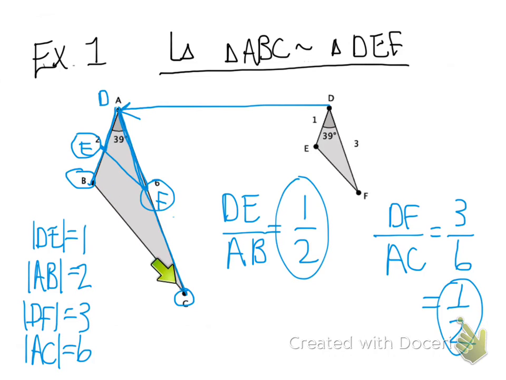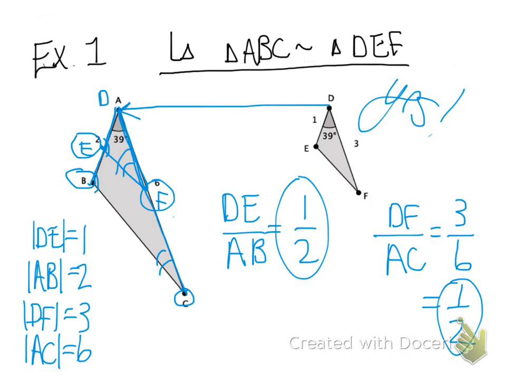Okay, so if these lines are parallel, then I know that this angle and that angle are the same, and that angle and that angle are the same. So now I have all three angles of these triangles equal, and therefore the triangles are similar. So the answer to the question is yes, they're similar.